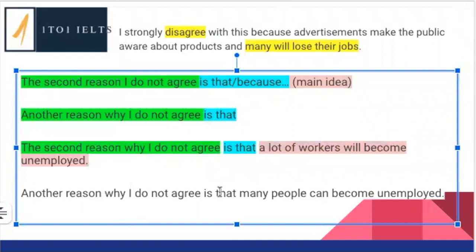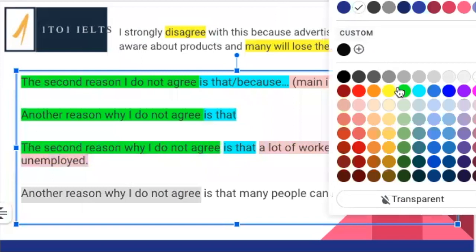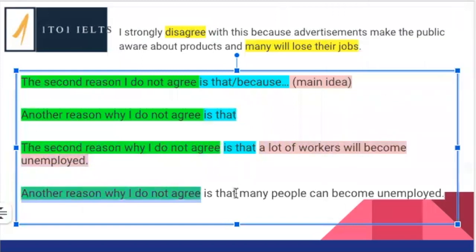Another reason why I do not agree, very clear, is that many people can become unemployed. So are we talking about possibility here? Because can implies possibility. So yeah, again, I wouldn't use can. We're not saying, oh, well, they could become unemployed.